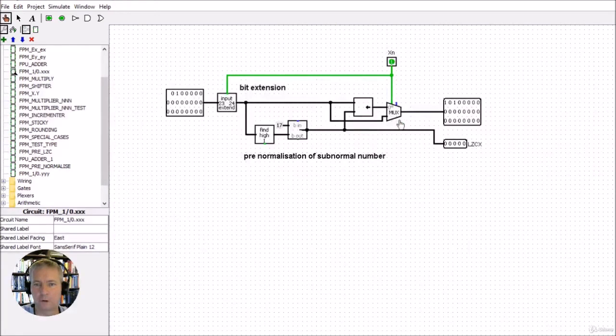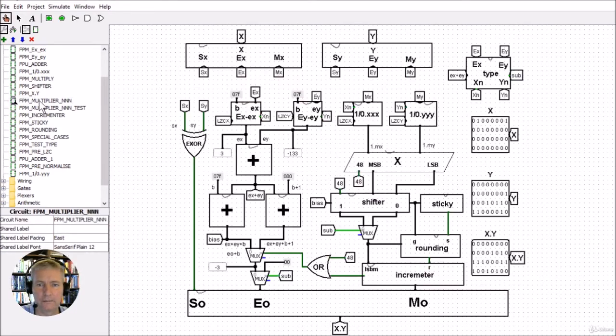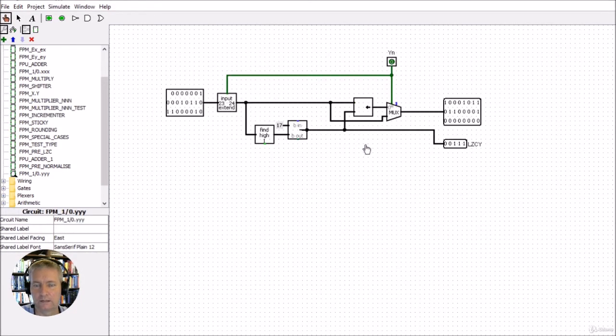So we're going to have our normal number coming in here, so we've just got a normal bit extension, so it comes along here, down through here and out through this point here. Now if we head in and have a look at the Y section here. Now the Y section is different because we're going to have a subnormal number here. So instead of going through this route here, it's going to come down through here.